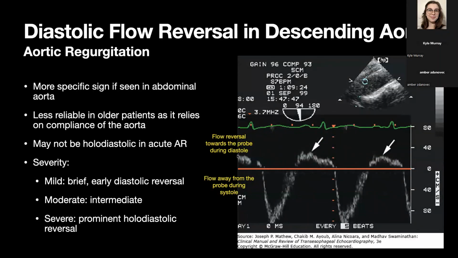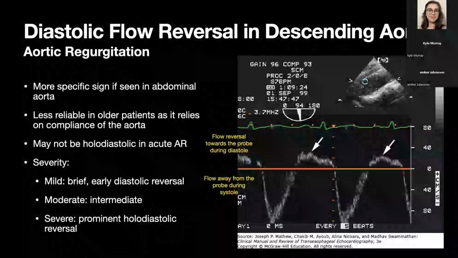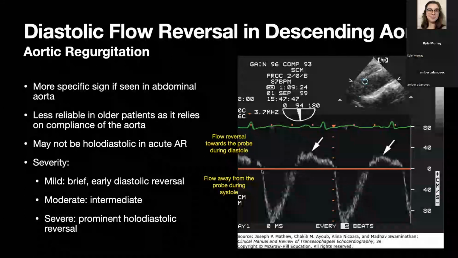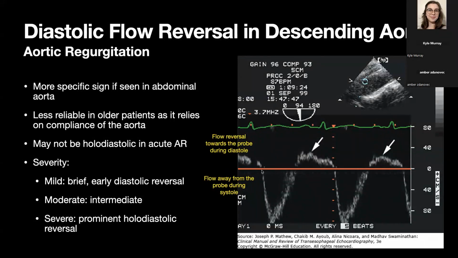The other thing you can do is you can interrogate the distal aorta. So you find your aorta in long axis, and what you do basically is, flow should be going forward down the aorta during systole, correct? Should flow be going backwards in the aorta at any time point? Probably not, right?